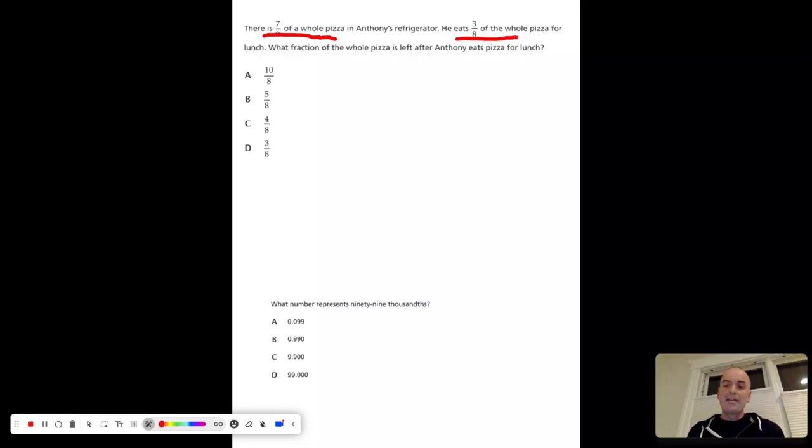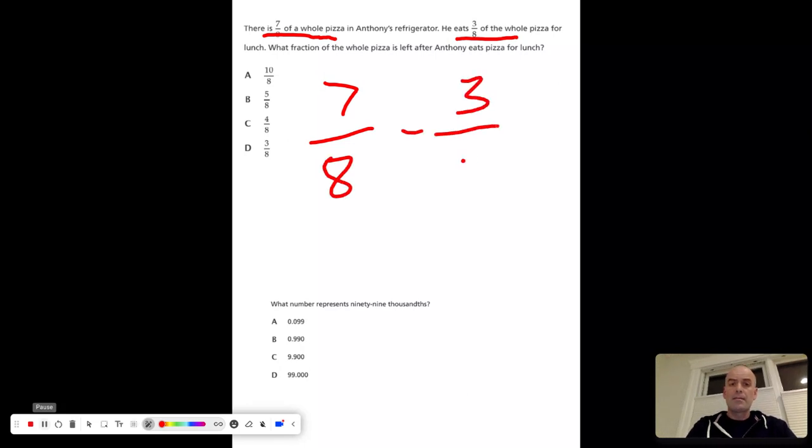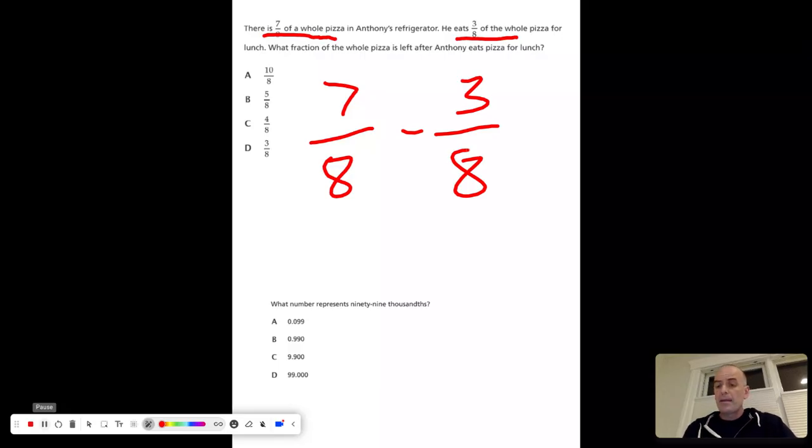So he's not eating 3/8 of 7/8. He's eating 3 of the whole pieces, right? It's just regular subtraction. So in this case, it's just 7/8 minus 3/8. It's as simple as that. It's not 3/8 times 7/8.